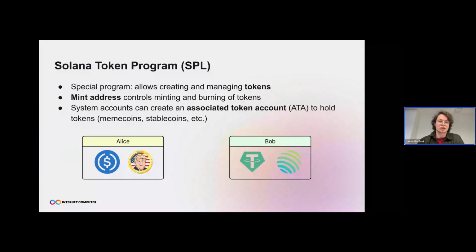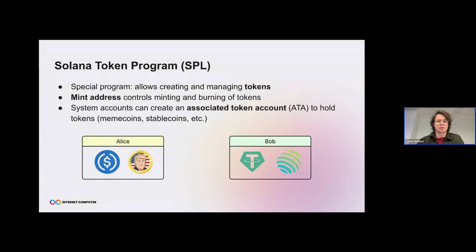One concrete example of a program account is a very special program account. It's the Solana Token Program, or SPL for short. And you might be familiar with this. It essentially is how tokens are handled on Solana. And so it has special instructions that allow creating and managing tokens, minting tokens, and the like.